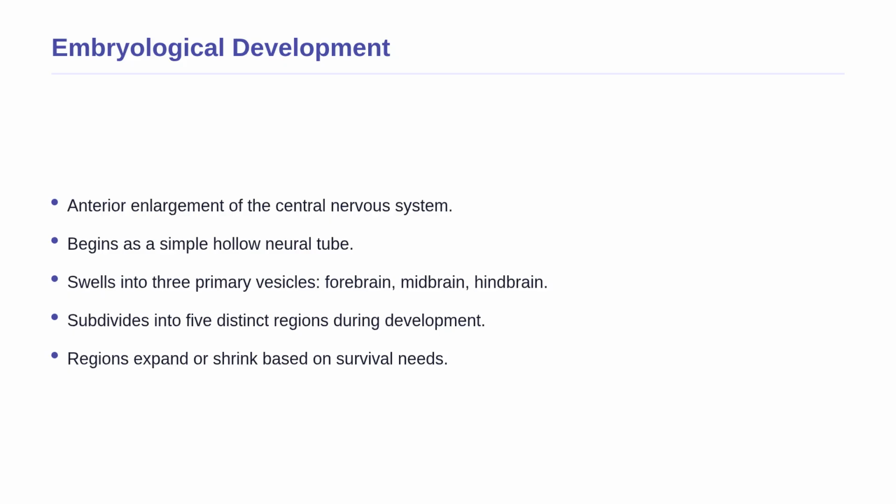Very quickly, this tube swells into 3 primary vesicles: the prosencephalon, or forebrain, the mesencephalon, or midbrain, and the rhombencephalon, or hindbrain. As the animal develops, these 3 regions further subdivide into 5 distinct regions: the telencephalon, diencephalon, mesencephalon, metencephalon, and myelencephalon.